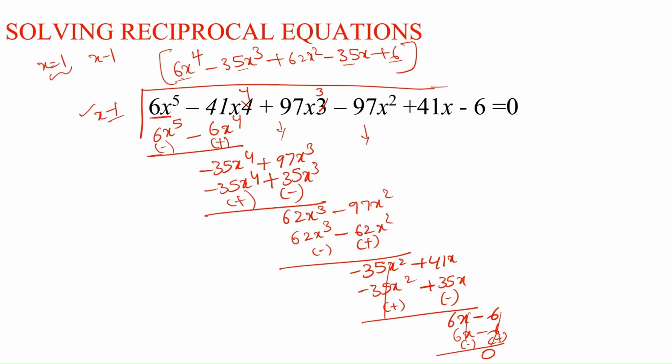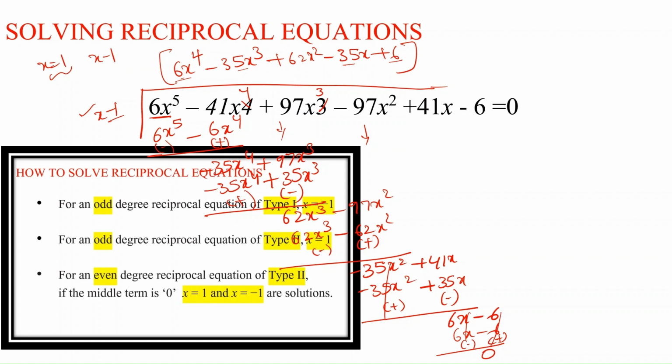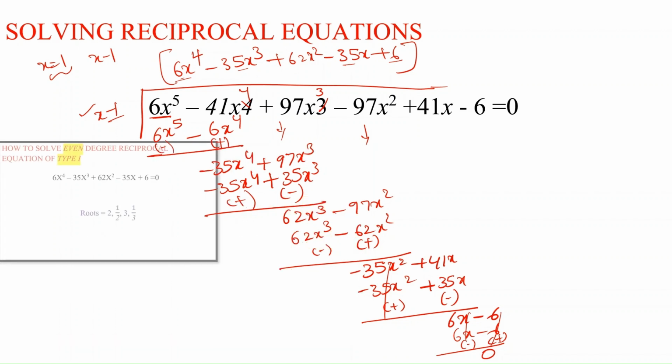This is the same as the previous one we have seen: 6x power 4 minus 35x cube plus 6x squared minus... So the same one, then the roots are 2, 1 upon 2, 3, 1 upon 3. These are 4 roots, and here x is equal to 1 is another root. As the degree here is 5, we have put all the 5 roots here.